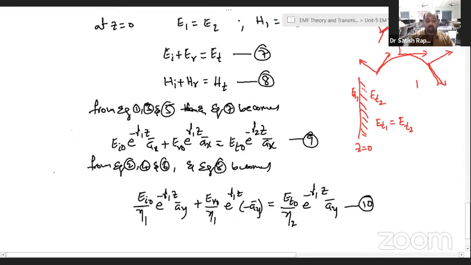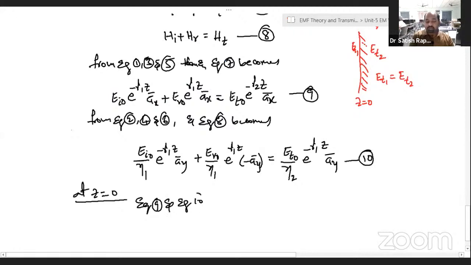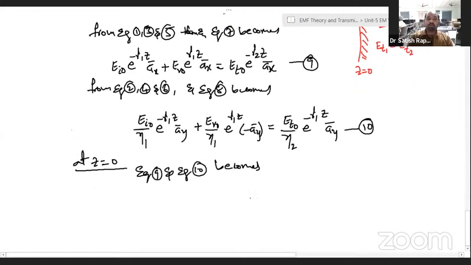And now equation 9 and equation 10 are valid only at the boundary, that means at z is equal to 0. So at z is equal to 0, equation 9 and equation 10 become, e power 0 is 1.